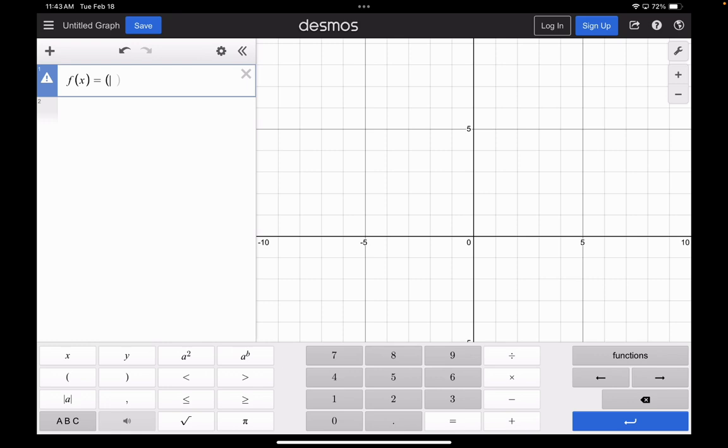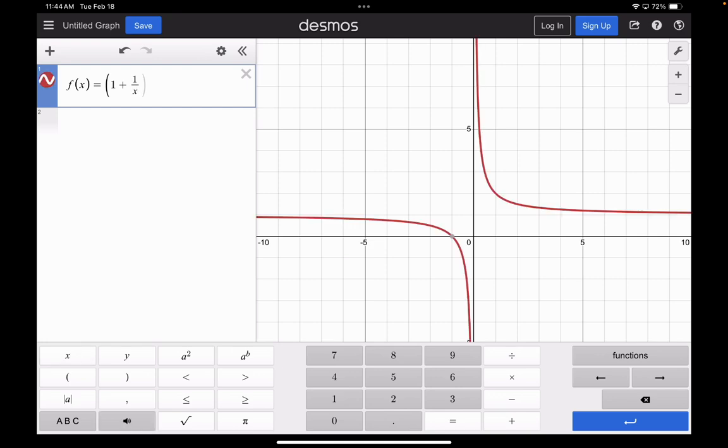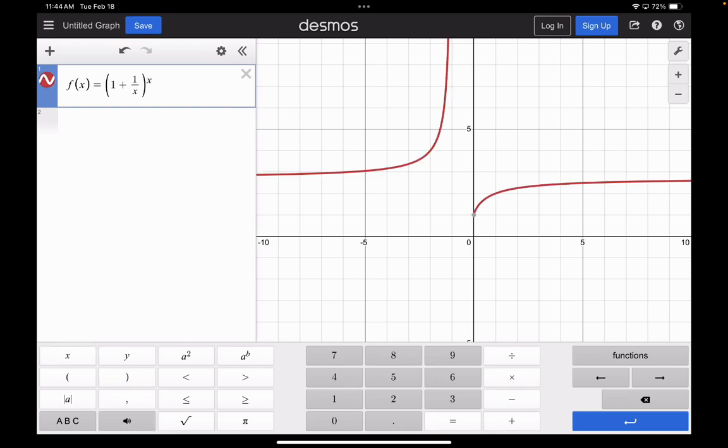I'm not even going to use the principal or the rate. I'm just going to use the bare bones, to look at the behavior of this function. So it's 1 plus 1 over x, and all of this is raised to the x power.